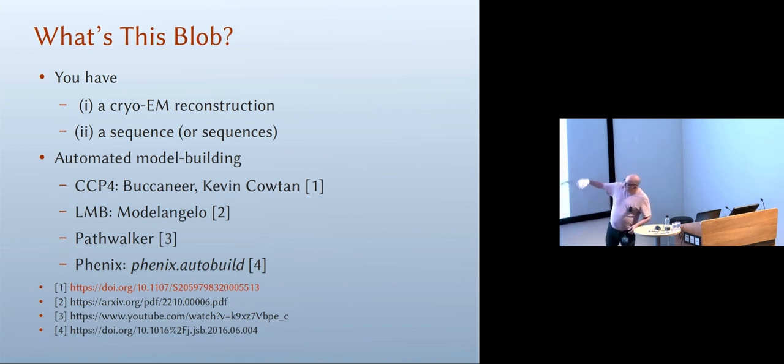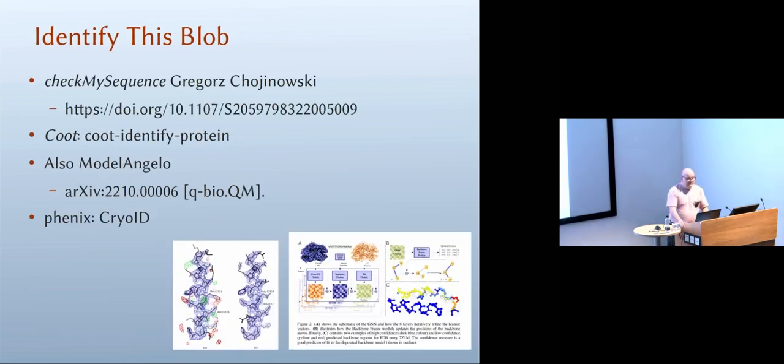And more recently, there's ModelAngelo, Pathwalker from Stephen Ludtke and co-workers, and there's also Phenix AutoBuild. There are references here. If you want them, I'm happy to share the PDF with you if you wish.